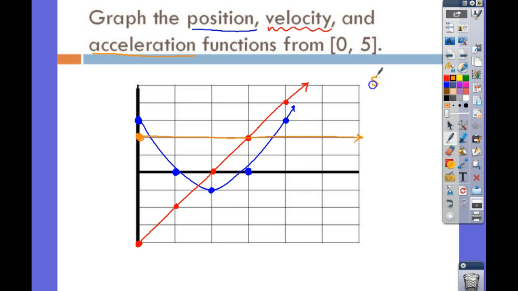So for speeding up, that means they're either both positive or both negative.